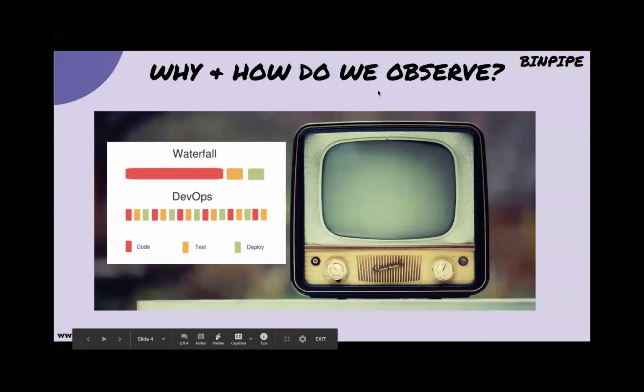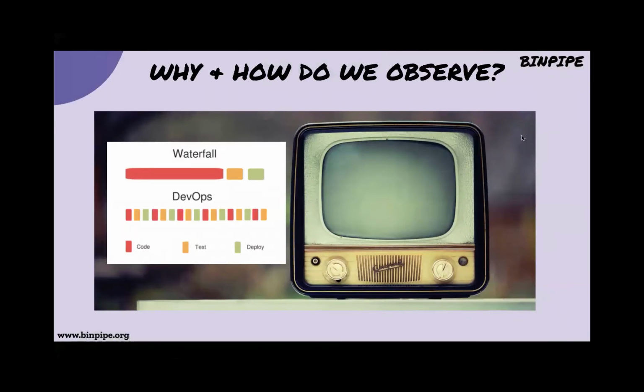All right. So now that brings us to this question, like how and why do we observe? So first of all, why do we observe? We have the answer to this question.